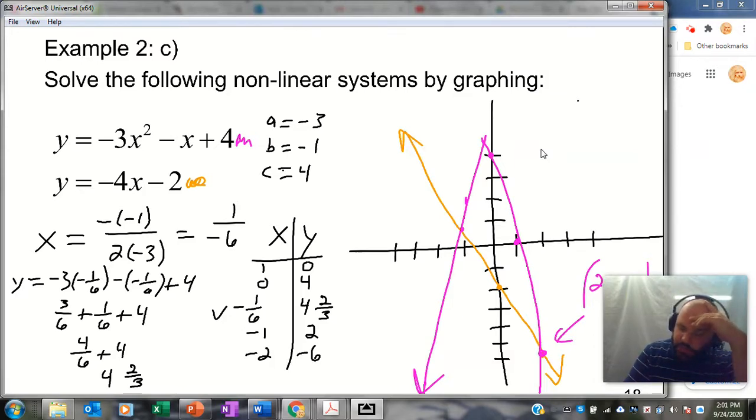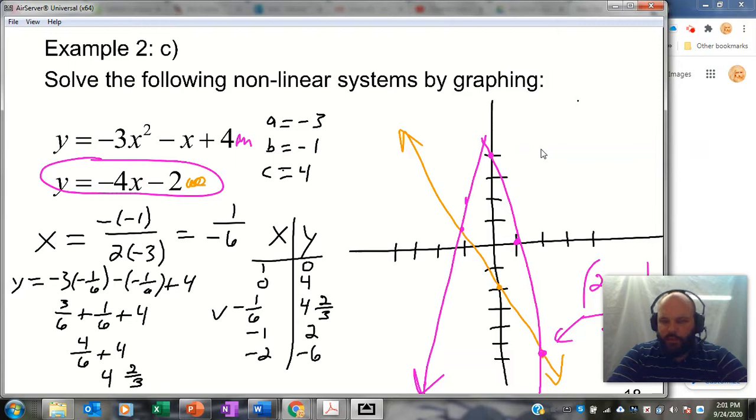That's why I'm saying when you find these ordered pairs, unless you actually plug them in, it's really hard to be accurate. I'm trying to be freehand as much as I can, but you can see that point is not even the right point. On the left-hand side, it could be -1, 1, maybe. I don't know. No, that's not going to work because that doesn't even work in the linear equation either.